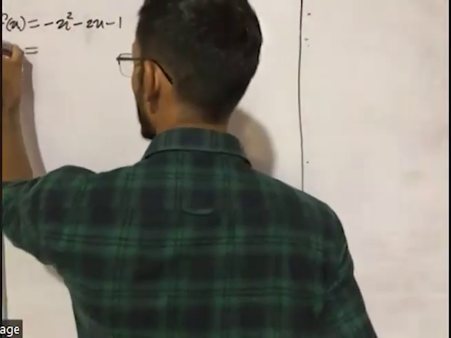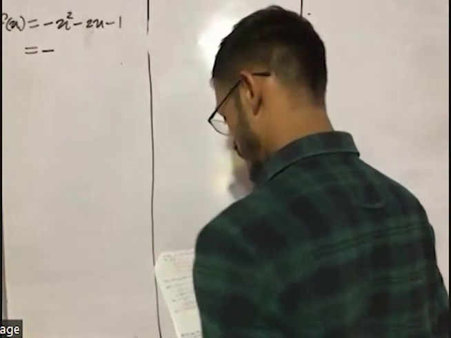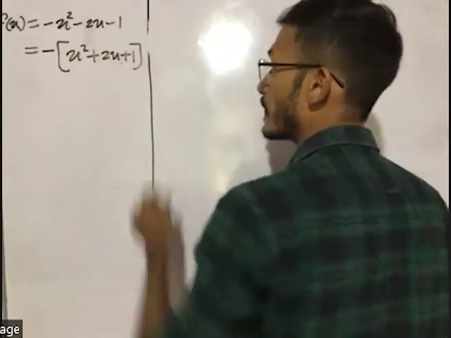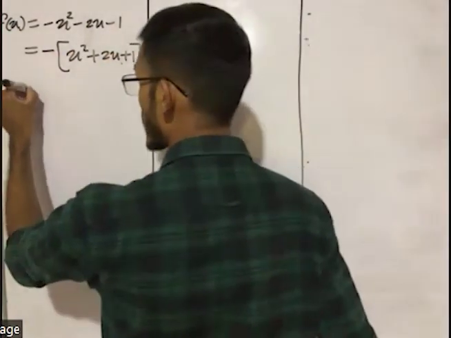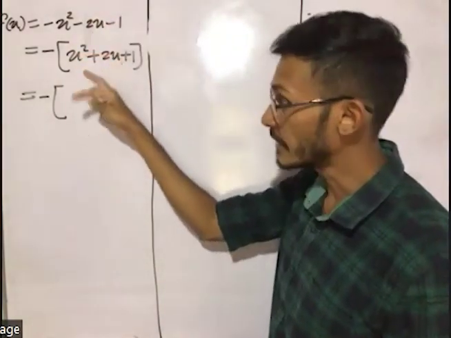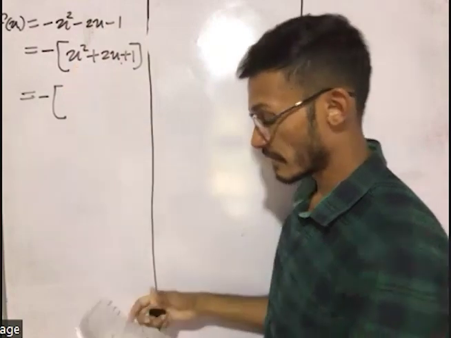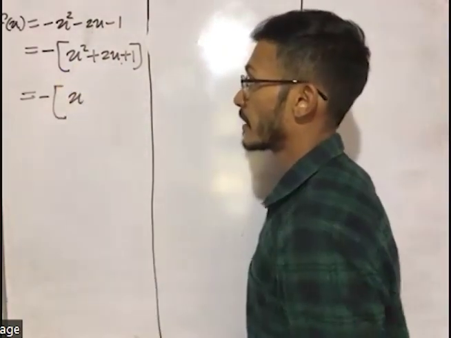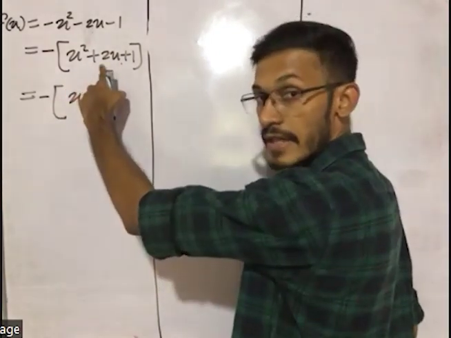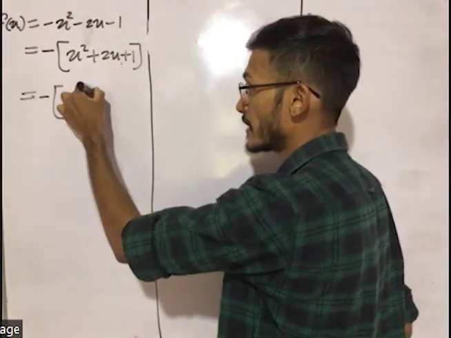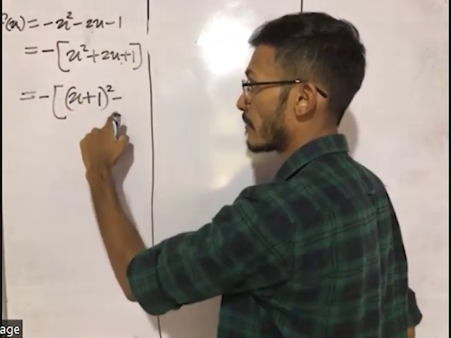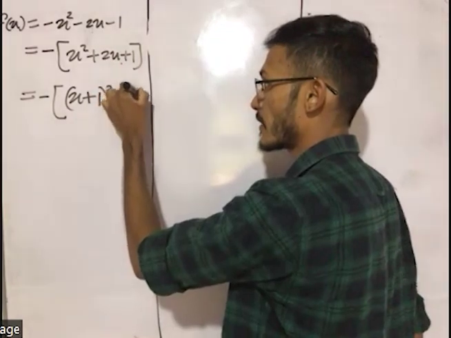Here we can separate the minus sign. Then we have x square plus 2x plus 1. Now we can simplify this using the completing square method. Take x without the square, then take the plus sign, then divide the coefficient of x by 2, then take the square of the whole thing minus the square of this constant, minus 1 plus 1.